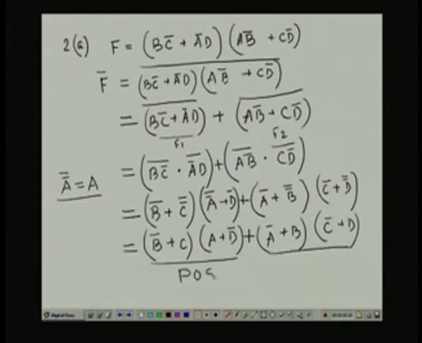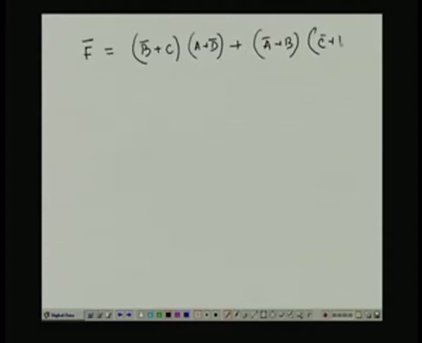This is one POS, this is also one POS, but this one plus exists here. So, this is not any standard form. So, if I want to make this a standard form, then we have to simplify it further. So, F complement becomes B bar plus C, A plus D bar, plus A bar plus B and C bar plus D.